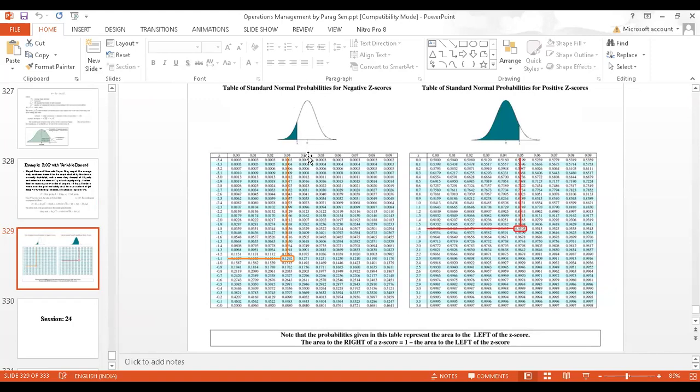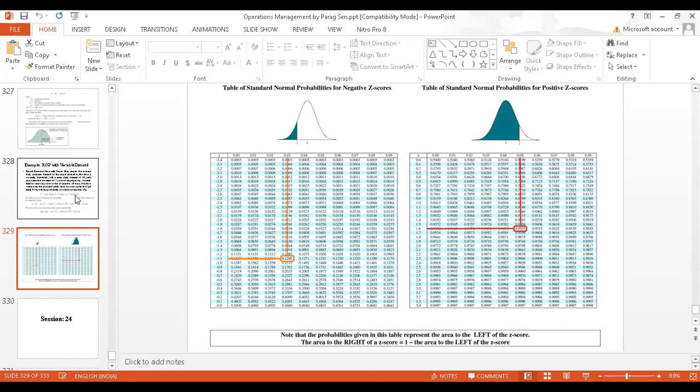When you have a service level of less than 50%, at that point of time you will have to use this table. But actually you will get some negative values of the safety stock during that time.